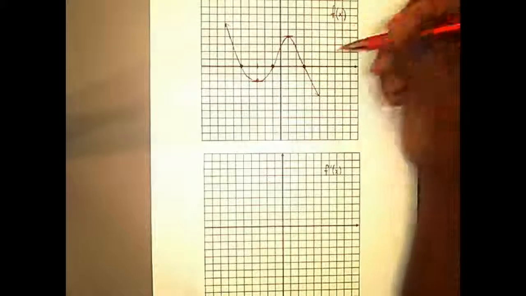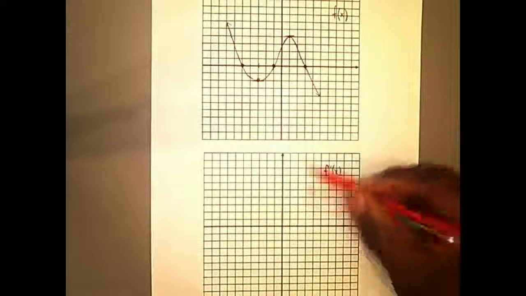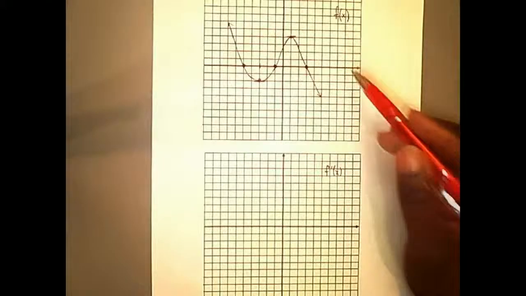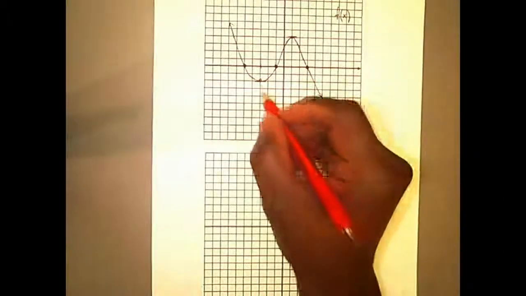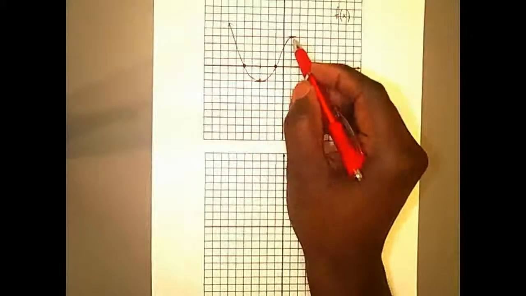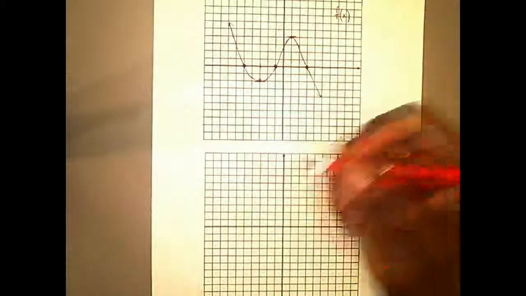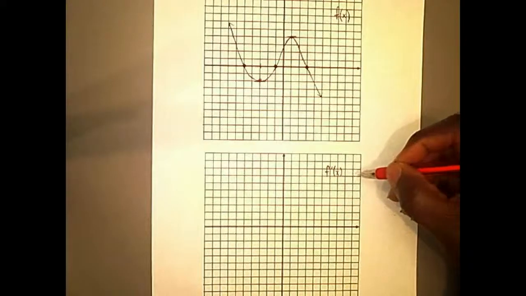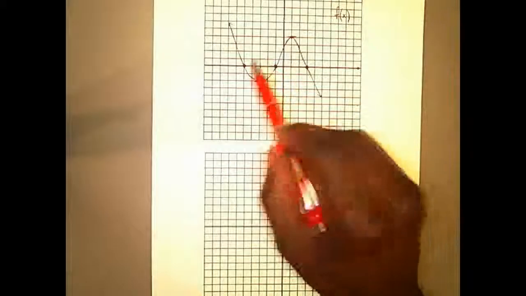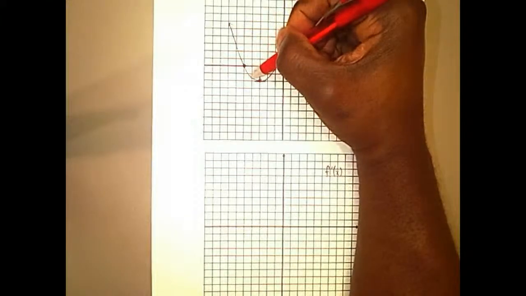So our first question when wanting to sketch the derivative of this graph is: where do we have the horizontal tangent lines? We see that we have them wherever we have a dip or a peak in our graph. That gives us a clue as to how we're going to start drawing the graph of the derivative.